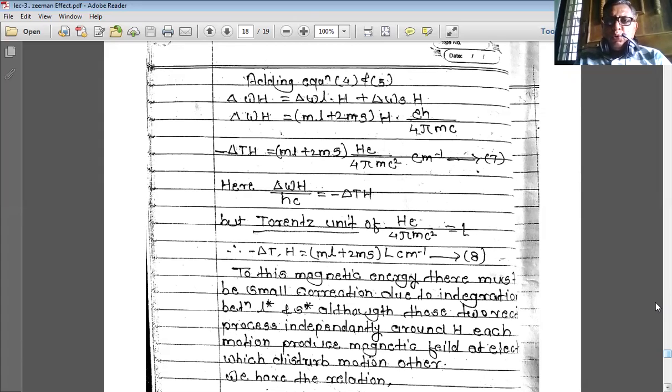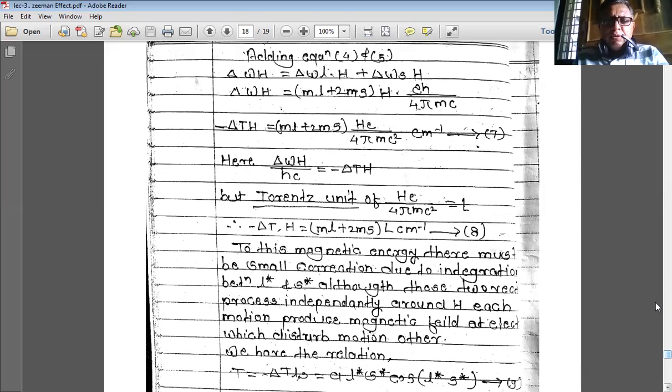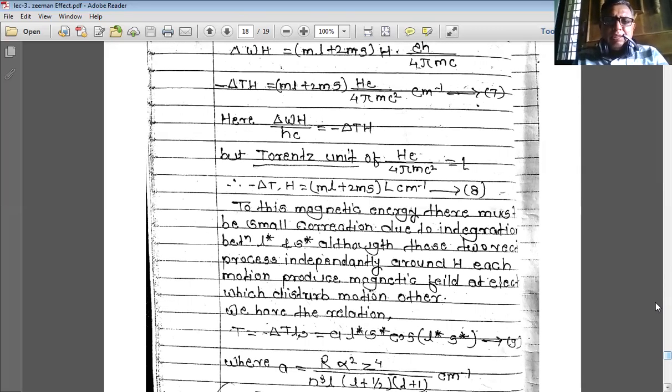Although those two processes independently go around H, each motion around the magnetic field is a distributed motion. Other we have the relations T is equal to delta minus delta TLS is equal to L star S star cos of in a bracket L star S star.